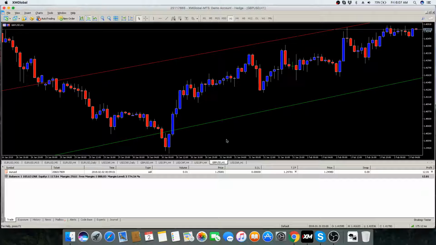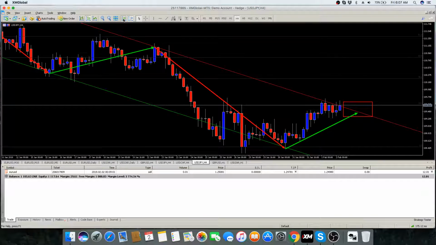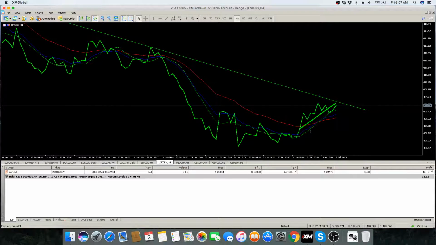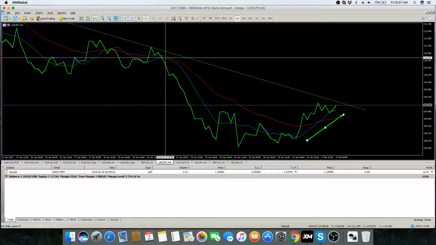And then let's try the Japanese yen. Look, we had resistance on the Japanese yen. Let me just push this a bit more. Yep. And I made this analysis long ago, a few days ago. I did it based off my indicators over here.